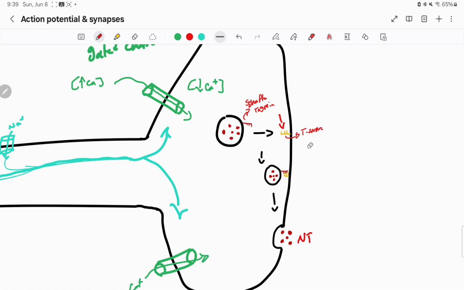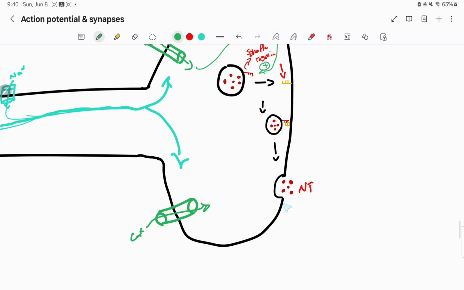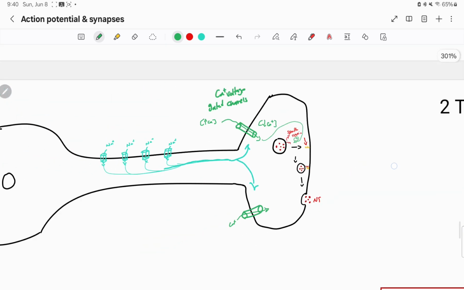You don't have to know any of that. All I want you to know is that synaptotagmin, with the help of calcium that just came in from these voltage-gated calcium channels, will come and stimulate the fusion of the synaptotagmin and this T snare. And once that happens, fusion of the vesicle will occur and exocytosis of the neurotransmitters inside will happen.